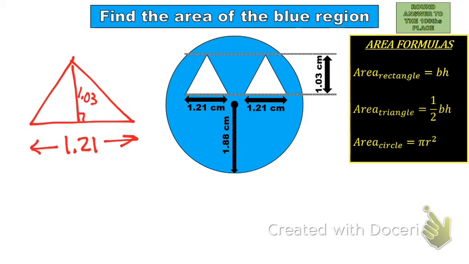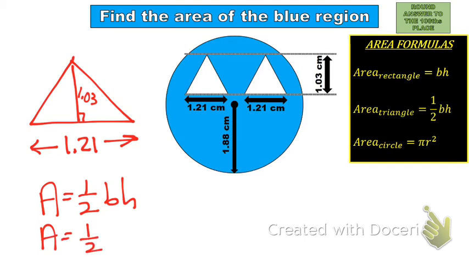Just to refresh your memory, the area of a triangle is 1/2 times the base times the height. So the area will be 1/2 times 1.21 times the height, which is 1.03. And when you type that into your calculator, you will know the area of one of the holes that's in the shape of a triangle in the circle.